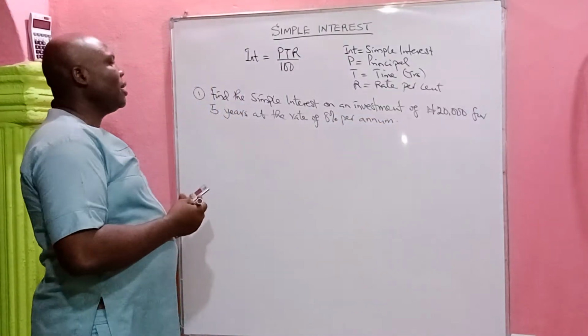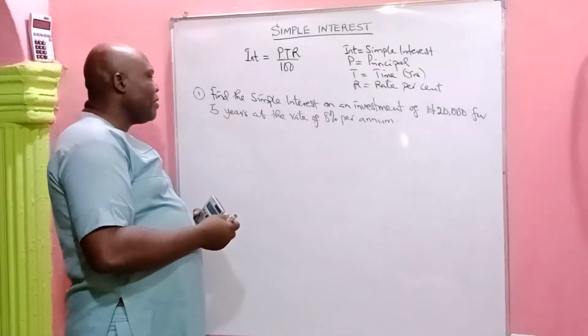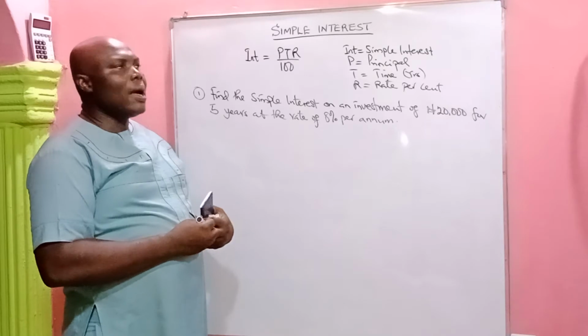So we want to find the simple interest on an investment of 20,000 naira, which was invested for 5 years at the rate of 8% per annum.